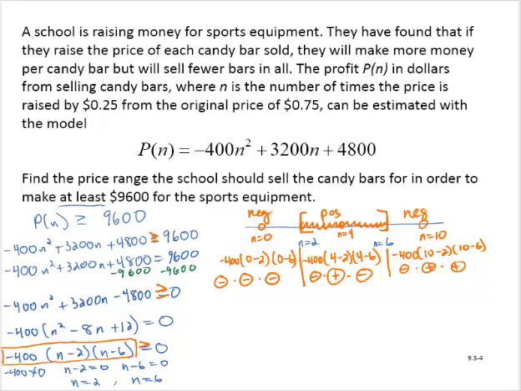All right, so here's a conclusion. Now, what this tells me is the profit is at least $9,600 when n is between 2 and 6.